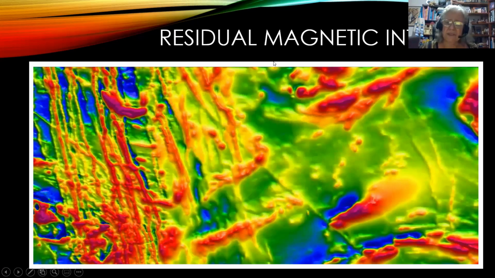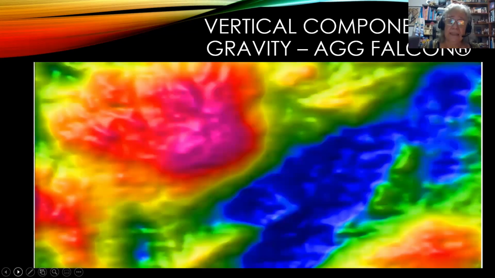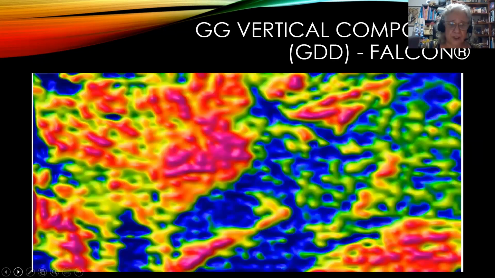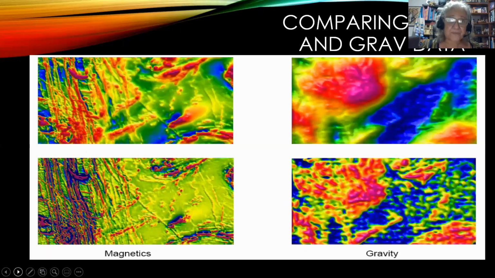This is the residual magnetic intensity from this area, the first vertical derivative, the FALCON AGG vertical component, the GDD, that is the vertical derivative component, the GG vertical component, and the other components given by the gravity gradiometry.